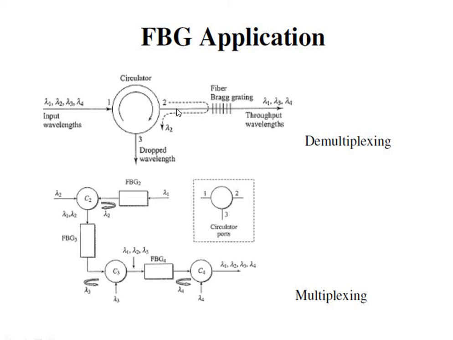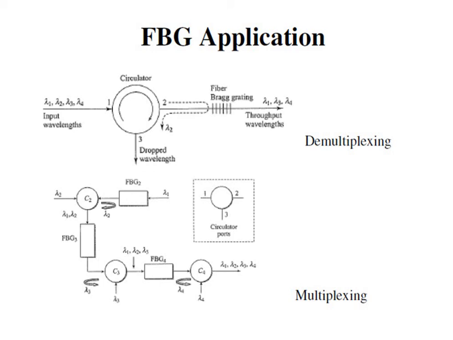As you can notice, all the wavelengths except lambda 2 will pass through the grating. Why? Because lambda 2 satisfies the Bragg condition of the grating, it gets reflected and enters port 2 of the circulator and exits from port 3.